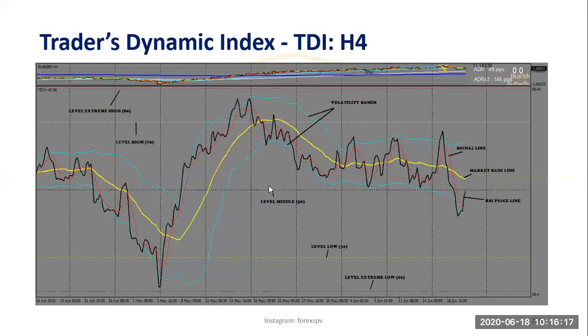But we also have the level middle. The level middle is the 50 level. You see, the market baseline is a linear weighted moving average with a period of 50.